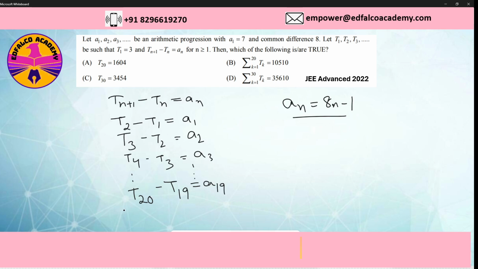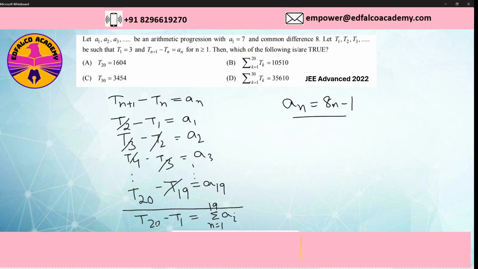Now if you add all of this, you can see that T2 will cancel from T2, T3 from T3, T4 from T4 and so on, and you can see that till T19 everything will be cut. We will be left with just T20 minus T1. On the right hand side, we will have nothing but sigma of ai from i is equal to 1 to 19.